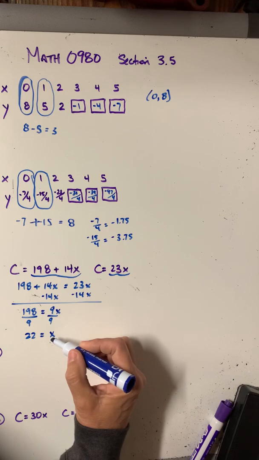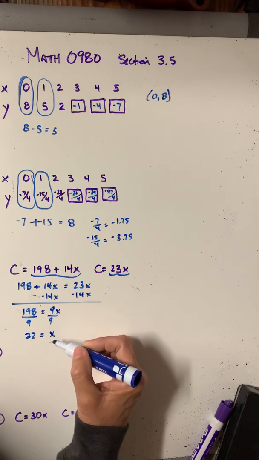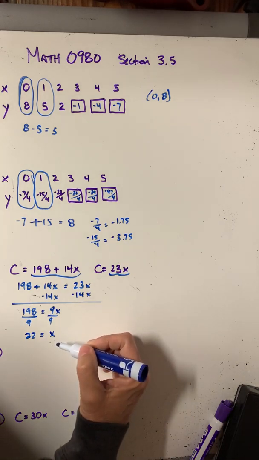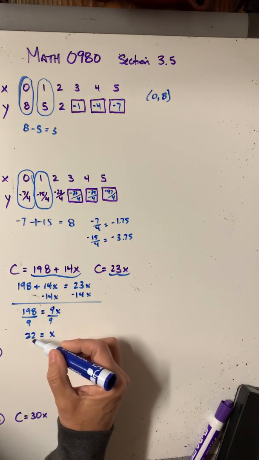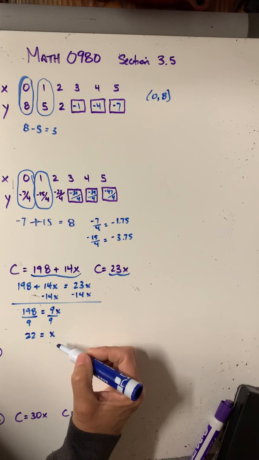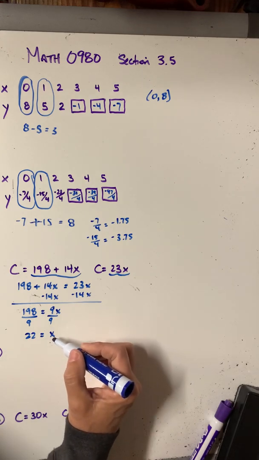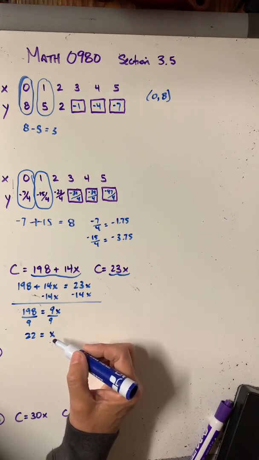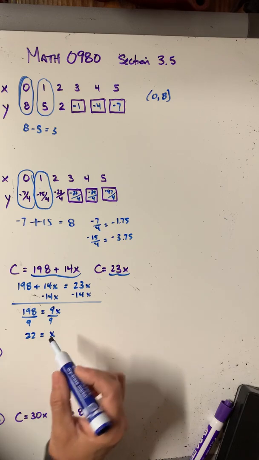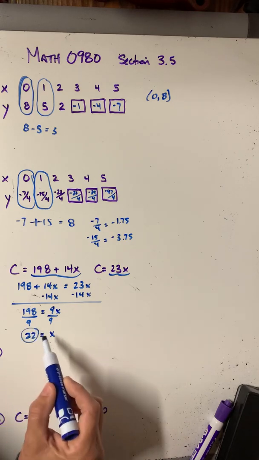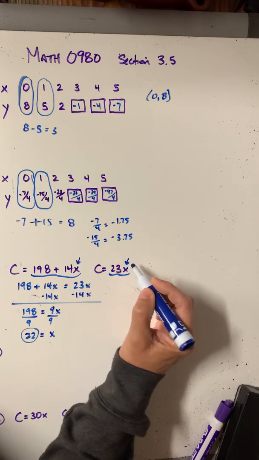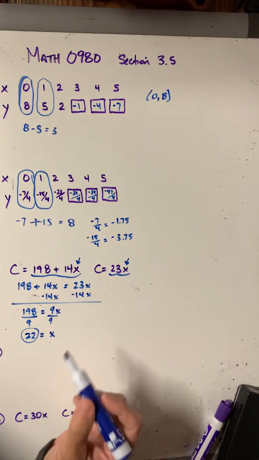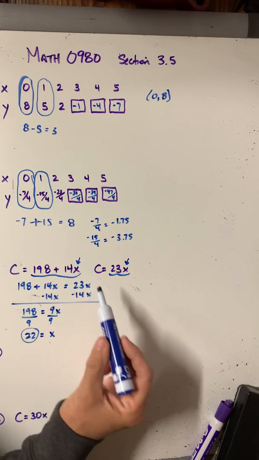Now, we have to think about what X represents. X represents the square feet of the brick pathway. So I could say 22 square feet, and that is the answer for the first part of the question. But then they want me to go back and tell them how much it would cost. So if I plug the number 22 into either equation, because they should be equal, because I set them equal, then I'll get the cost.